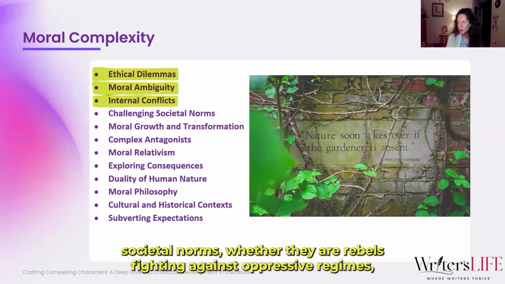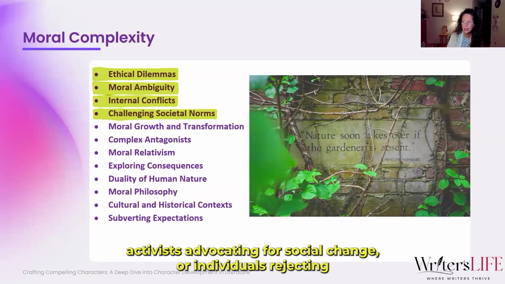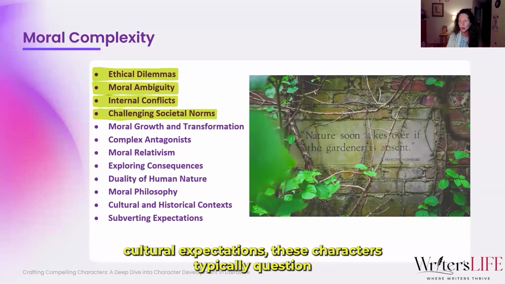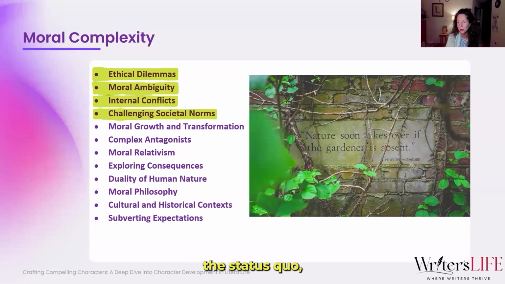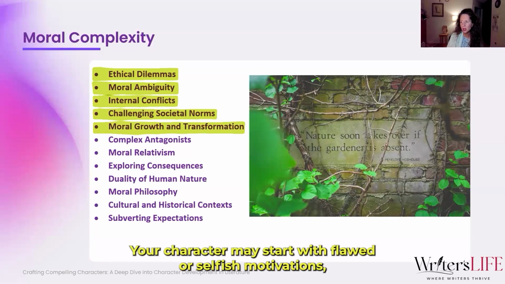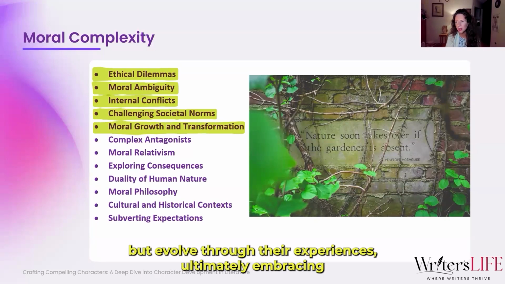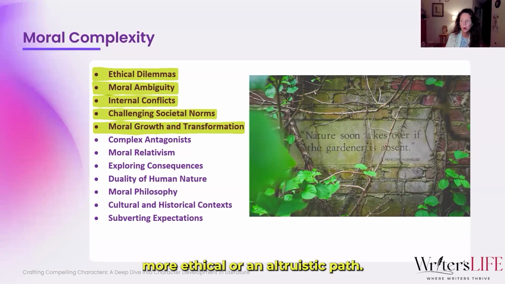Challenging societal norms, whether they are rebels fighting against oppressive regimes, activists advocating for social change, or individuals rejecting cultural expectations, these characters typically question the status quo. Moral growth and transformation. Your character may start with flawed or selfish motivations, but evolve through their experiences, ultimately embracing more ethical or an altruistic path.